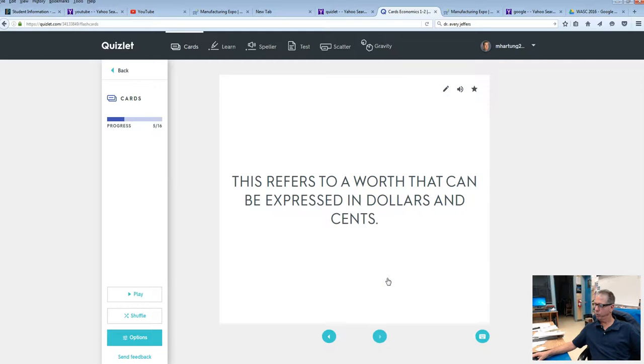This refers to a worth that can be expressed in dollars and cents. So this is value that we talked about here. So how much is it? Price. And we've talked, I believe, in previous lessons that the price is what motivates us. We make a decision based on what the price is.